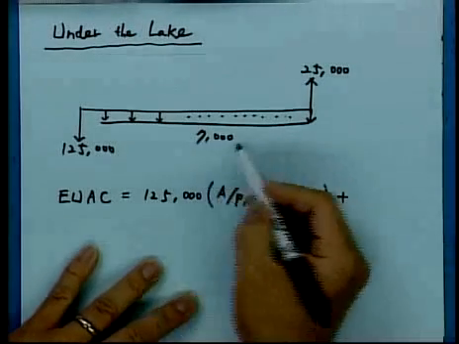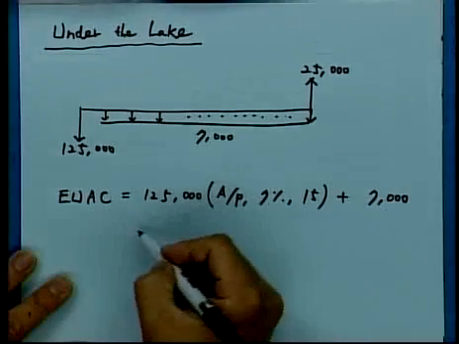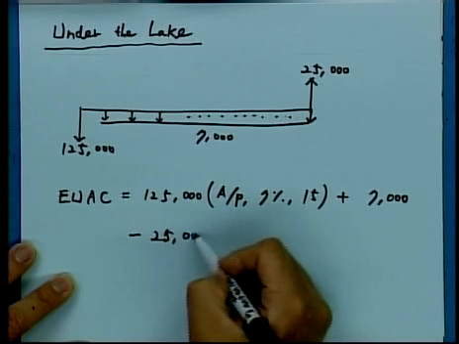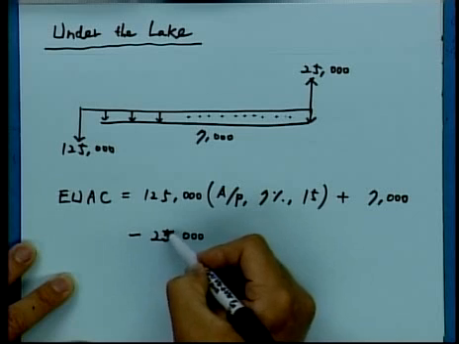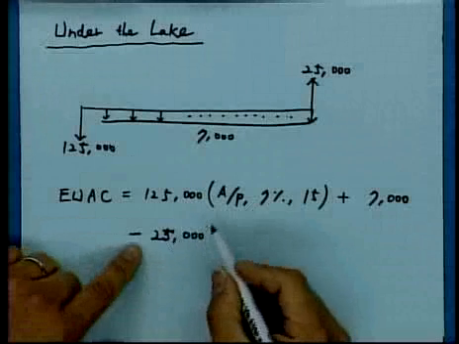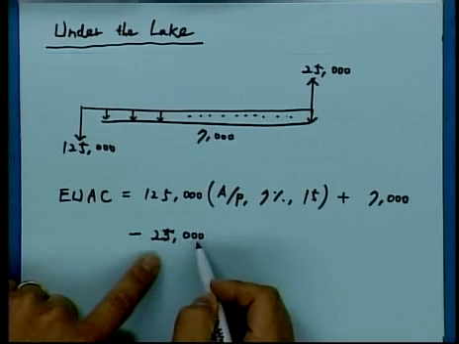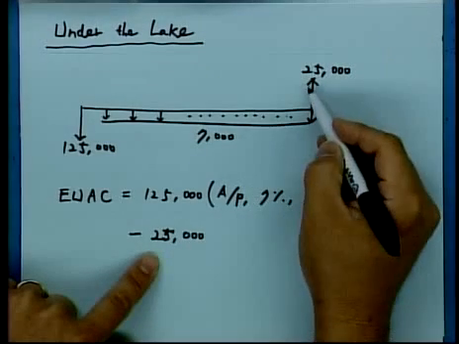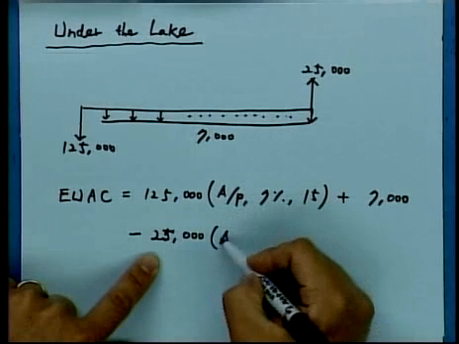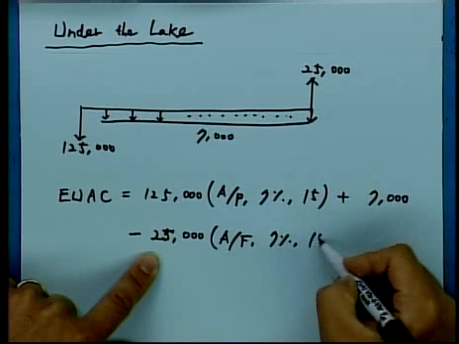And then simply add the annual cost of $7,000, but minus $25,000, because that would be your benefit. Benefit is negative cost, so you need to subtract $25,000. But this number should be converted to equivalent uniform annual cost, so you need to multiply by A given F, 7% over 15 periods.